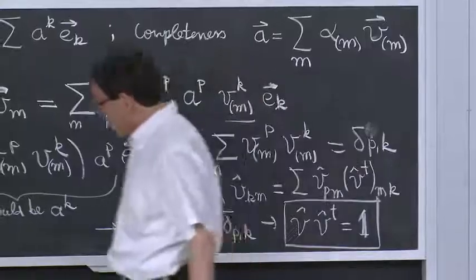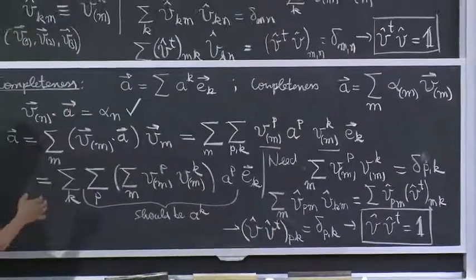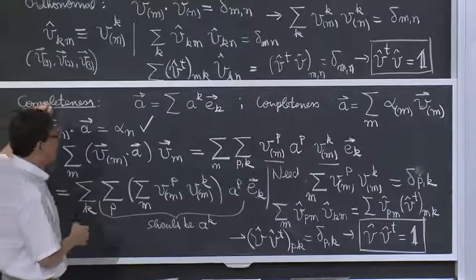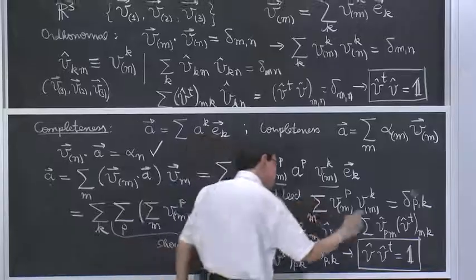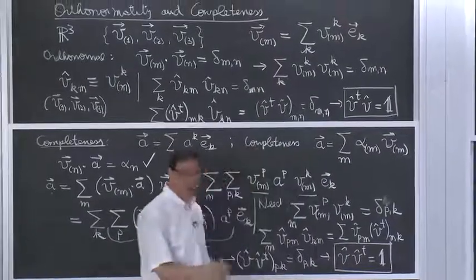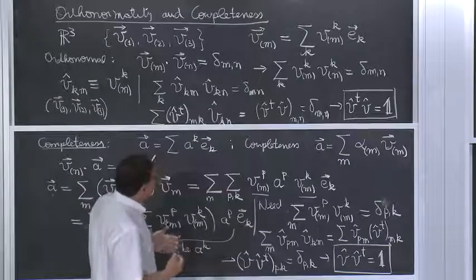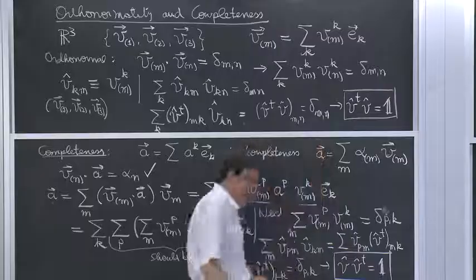All right, so we actually are getting to the point that we wanted to make. The whole statement of completeness has been boiled down as a matrix equation into this equation, that v hat times v hat transpose is equal to 1. And now you realize that this is pretty much the same equation. Why?